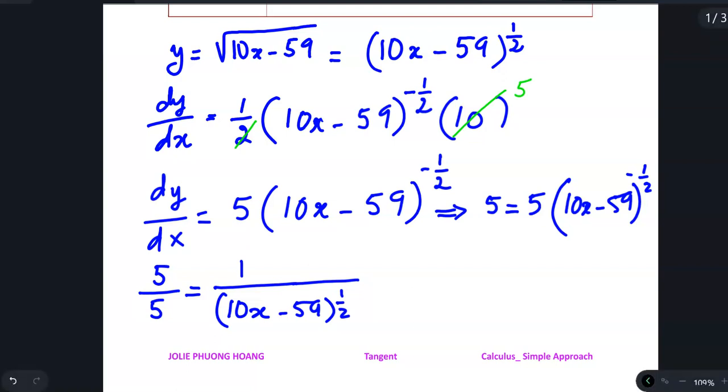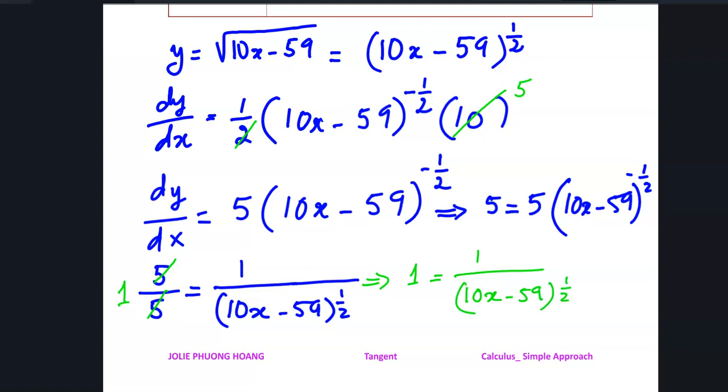So on this side, I can see that 5 divided by 5 gives me 1. Therefore, this equation will become 1 equal to 1 over (10x minus 59) raised to the exponent a half. And I know that from this equation, I can solve for the unknown x.